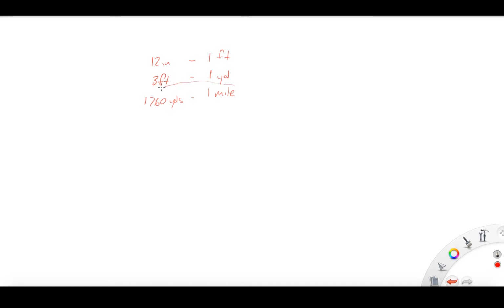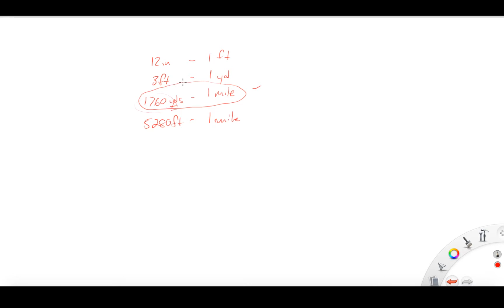This one right here is a little obscure. And then of course we have 5,280 feet also in 1 mile. So you're going to have to memorize this number right here: 1,760 yards in 1 mile.